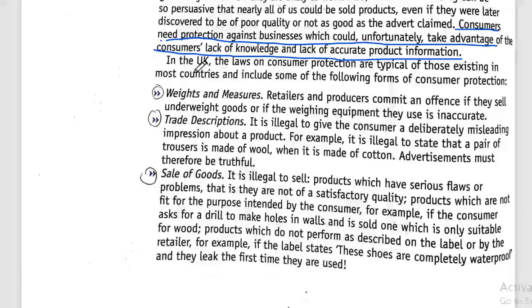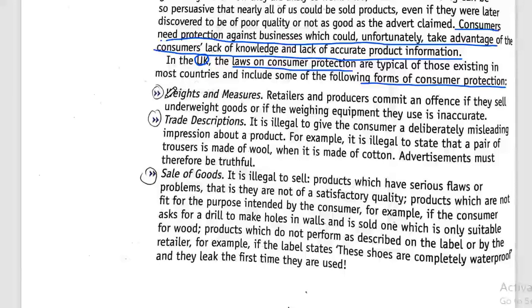So in the UK, they made laws to protect the consumer. Let's say the forms of consumer protection: how can I protect the consumer from being misled by any business throughout the marketing process?